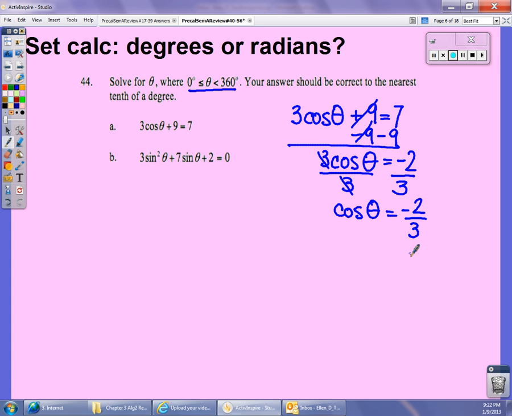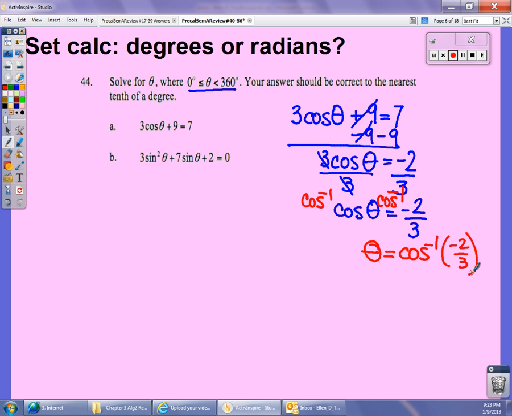To find theta, we need to do inverse of cosine for both sides. So cosine inverse of cosine theta gives us theta equals cosine inverse, or arc cosine, of negative 2/3.